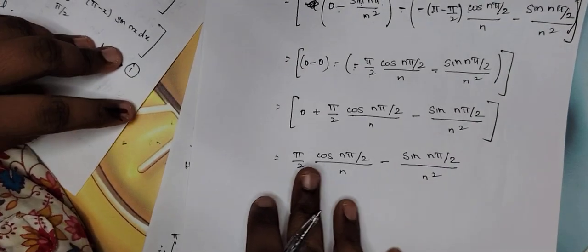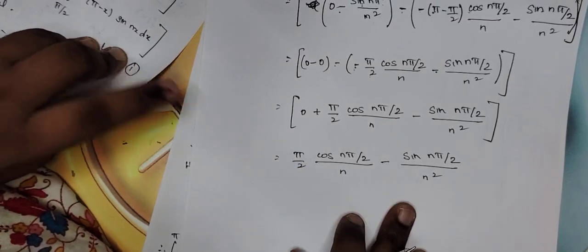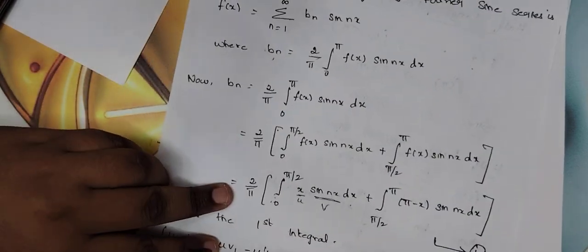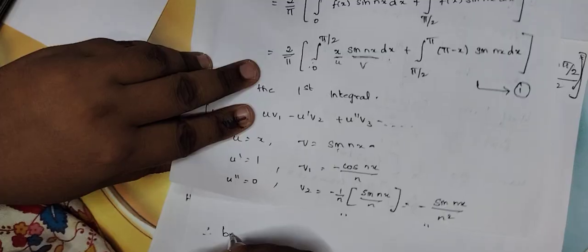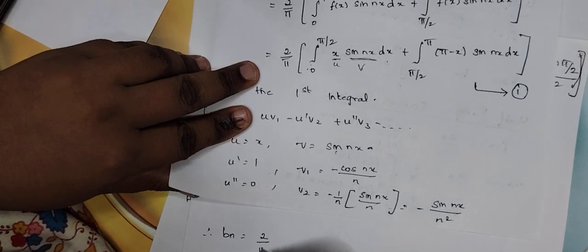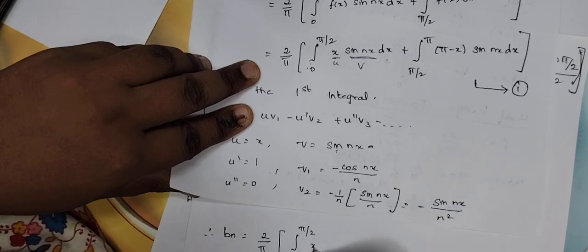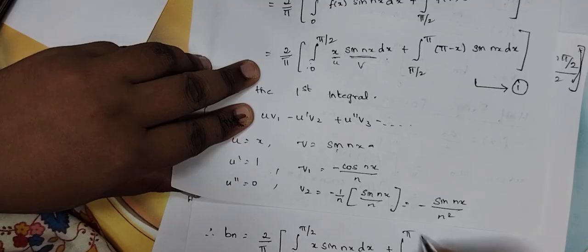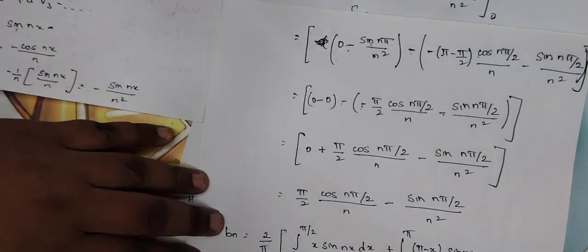So I'm going to substitute the first integral value and the value of the second integral in equation number 1. So equation number 1 is nothing but bn equal to 2 by pi, integral 0 to pi by 2 x sine nx dx plus integral pi by 2 to pi of minus x sine nx dx.